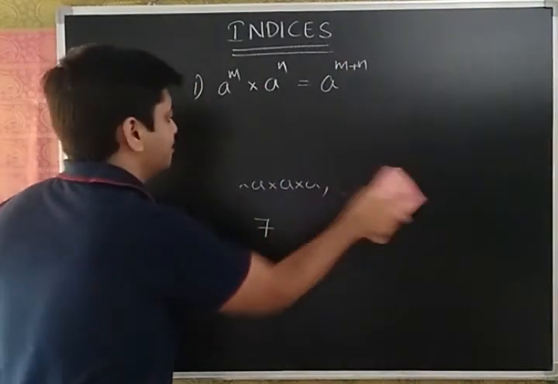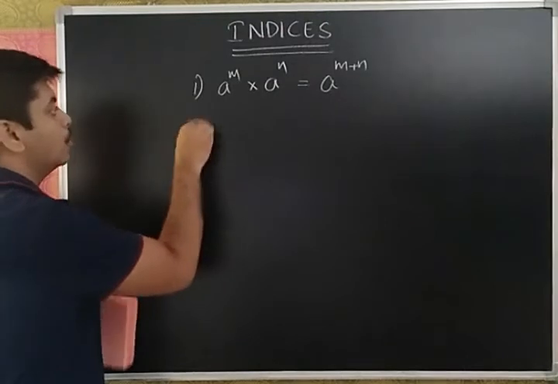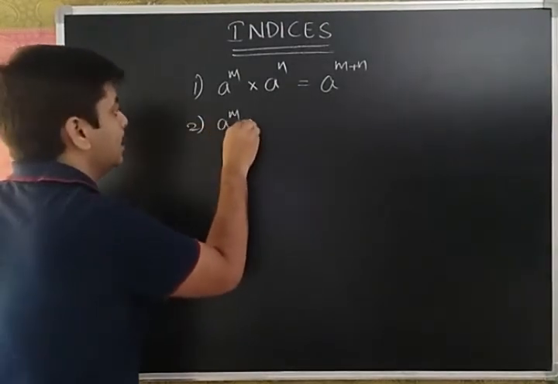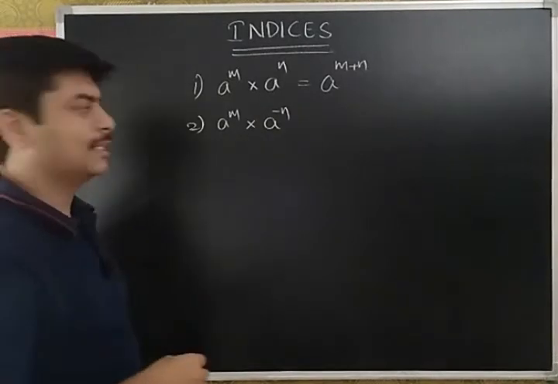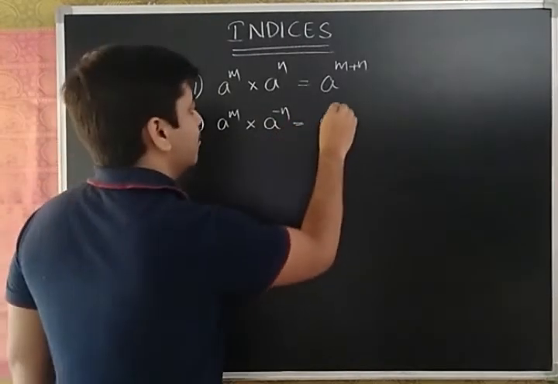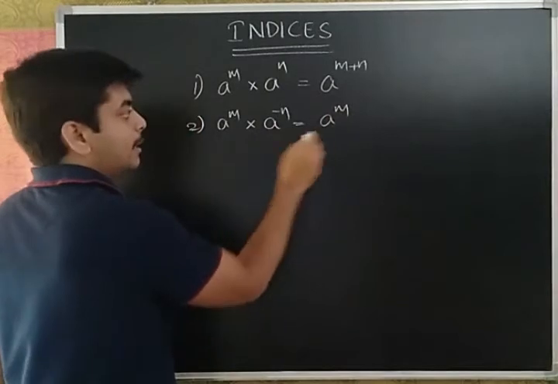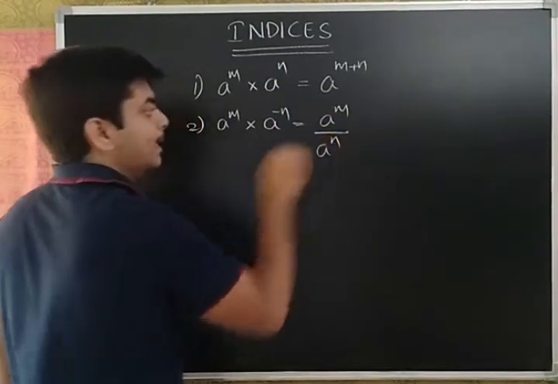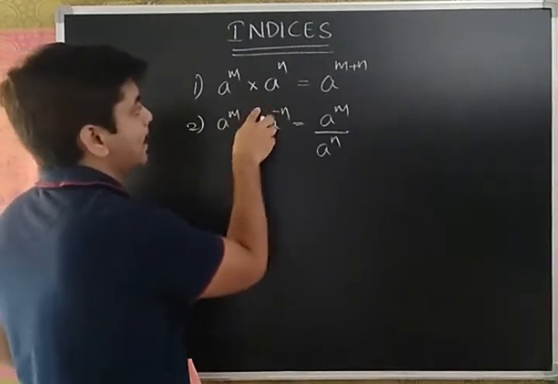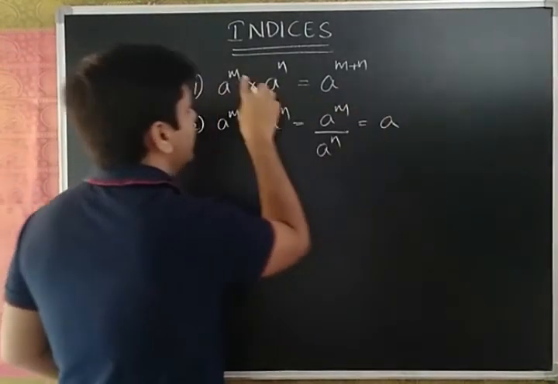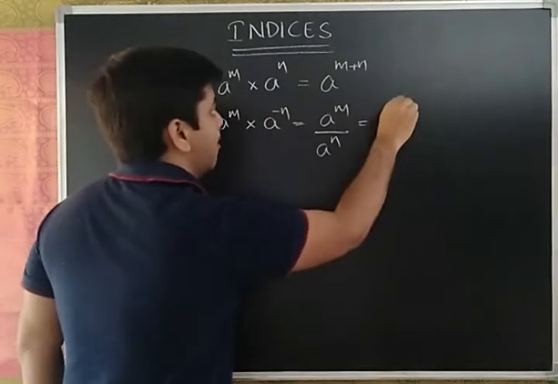In the same way, if you go to a power m into a power minus n, what is a power minus n? This is actually equal to a power m into 1 by a power n, that is a power m by a power n. Yes or no? So the same formula applies here, that is a power m remains m as it is, plus n.